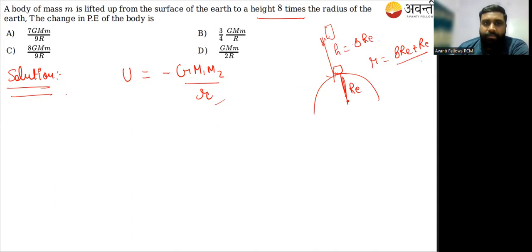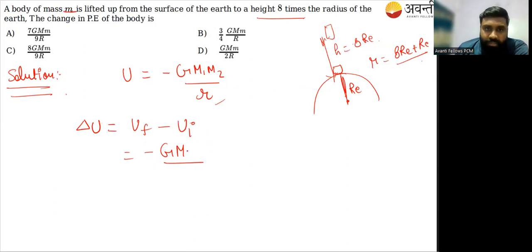So delta U here is U final minus U initial. U final will be minus G times the mass of earth, capital M, into the mass of the object, small m, upon R. Finally it has been lifted 8 times RE, but as I told you, the distance should be measured from center to center, so it will become 9R.